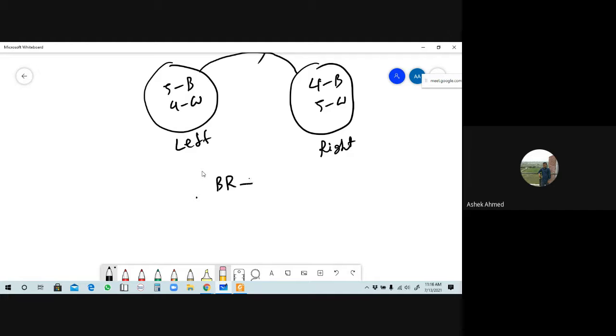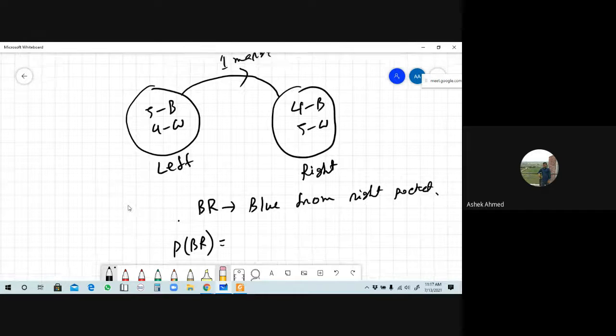BR, that means blue from right pocket. Understand? You have to find out this will be BR. Blue from right pocket. Okay.